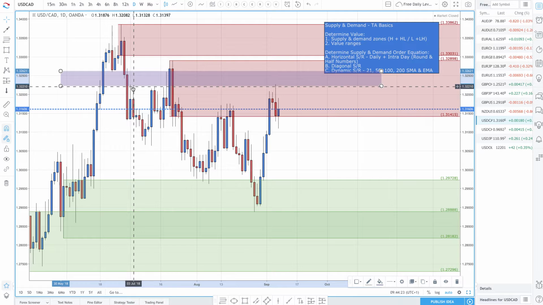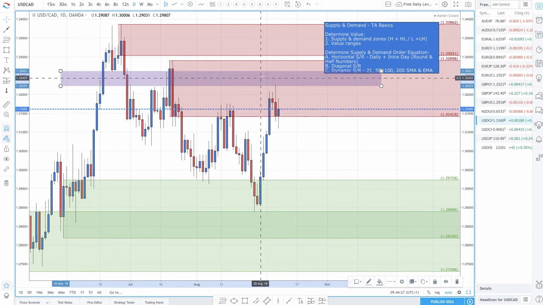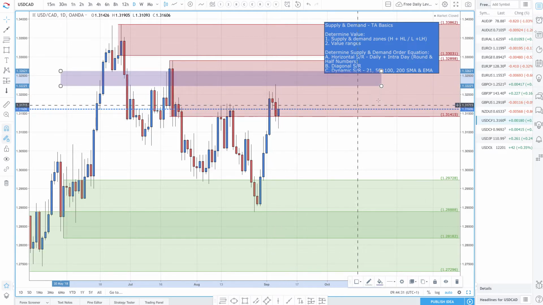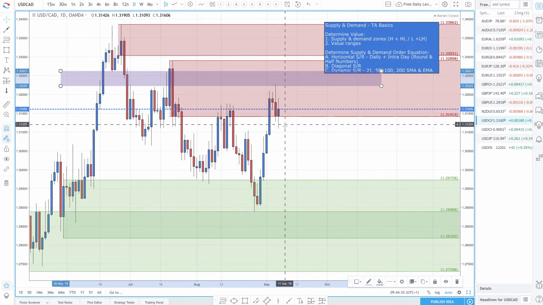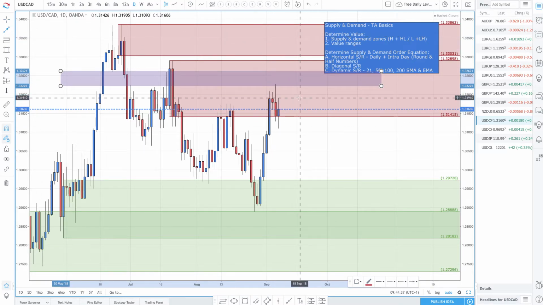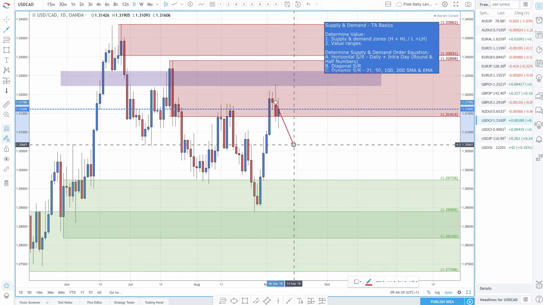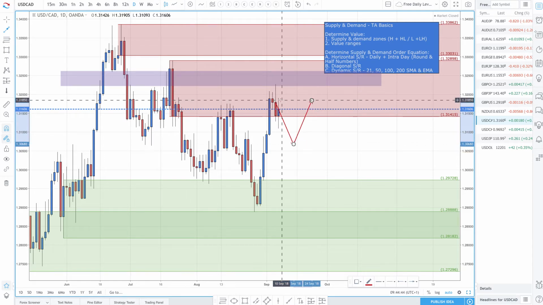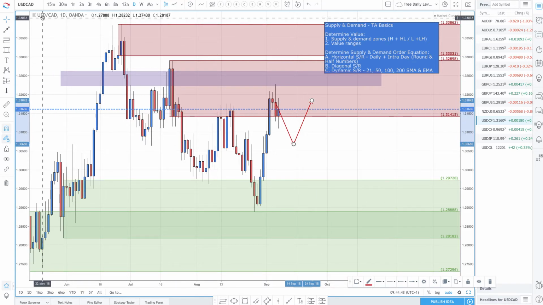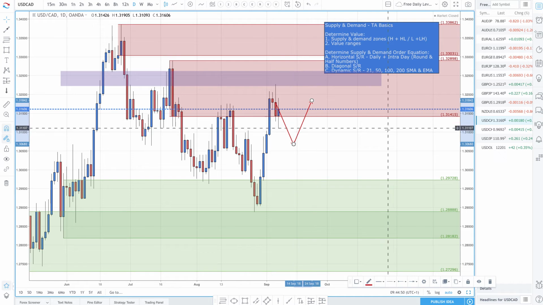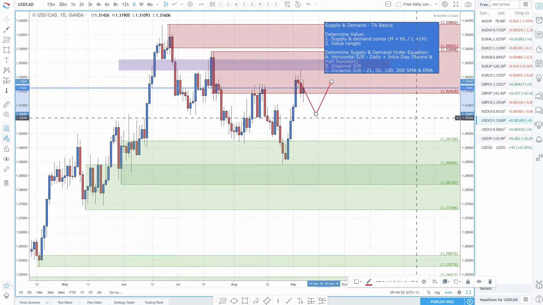If you stretch it down where you've got resistance and support right here, then you've got a move off that level, and it was against a round number, 1.32, so you could see some selling off this week as well, right? A potential pips, but I don't know if I would hold that for any length of time unless we get some negative news about the dollar, interest rates hiking, etc.